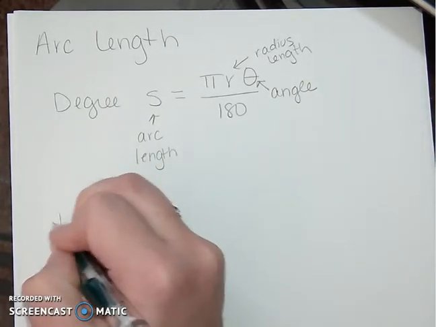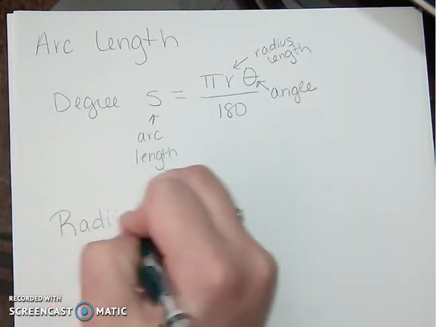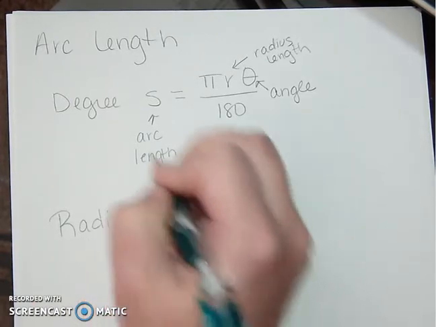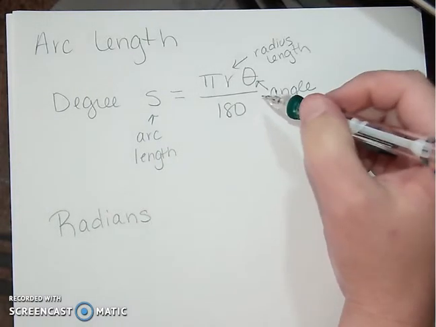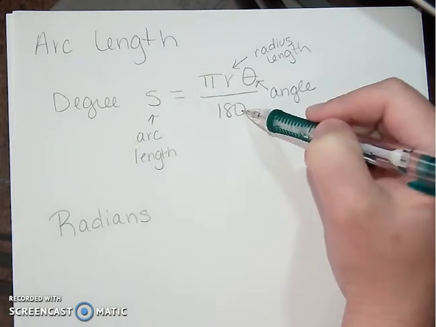Now, if I have a problem originally in radians, I have a much shorter formula. Think about when we convert from degrees to radians. We multiply by pi over 180. We want to convert to radians, so we multiply, and the pi and 180 cancel out.